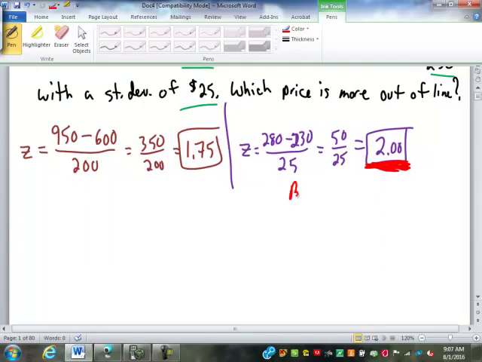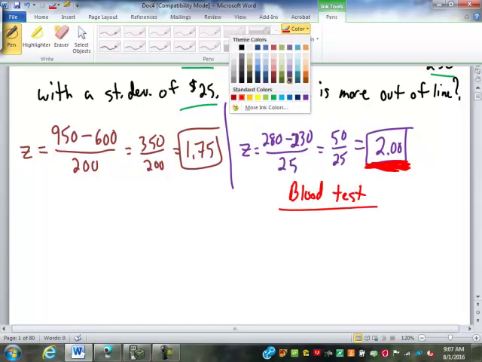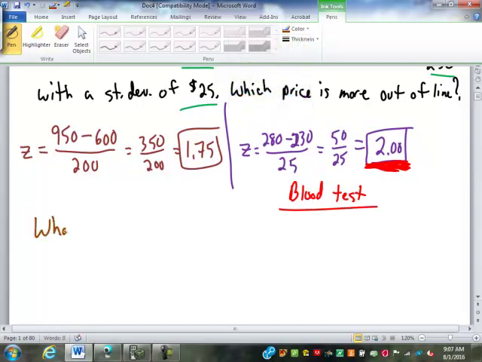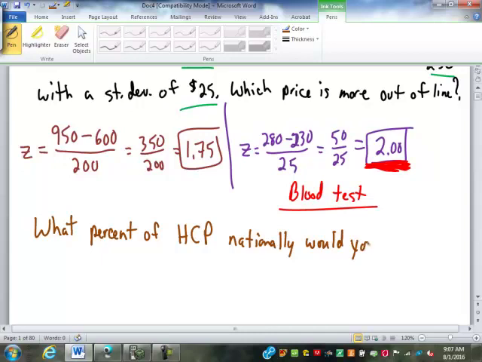So now here's the question. This is the blood test. I want to see if you guys can figure this out. What percent of healthcare providers nationally would you expect to charge more than FML?